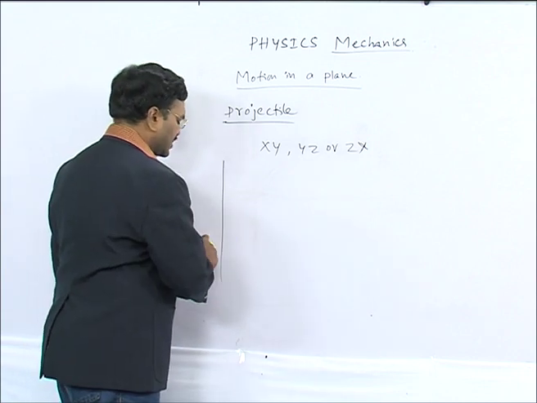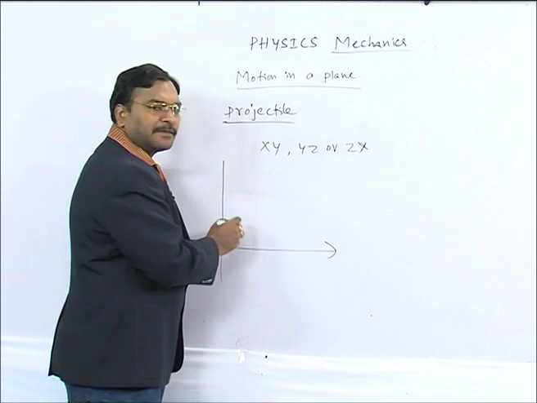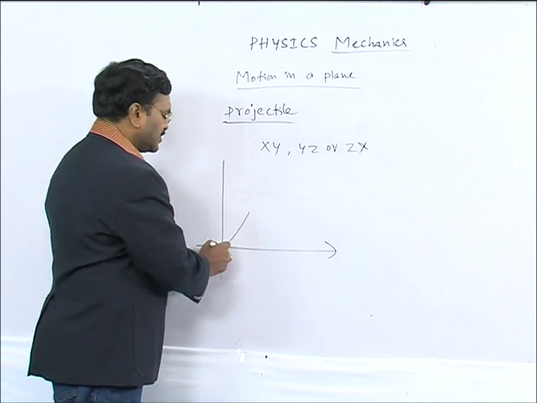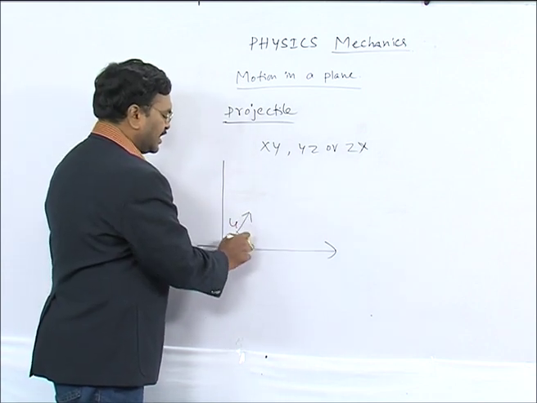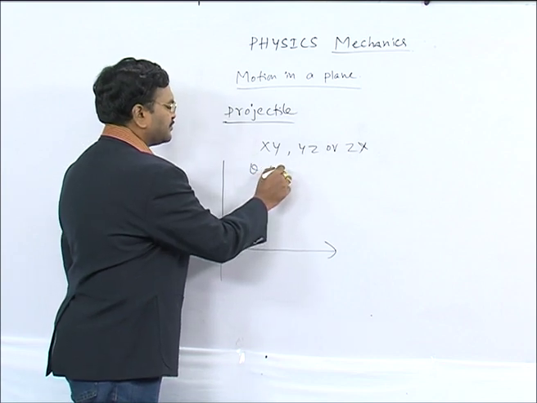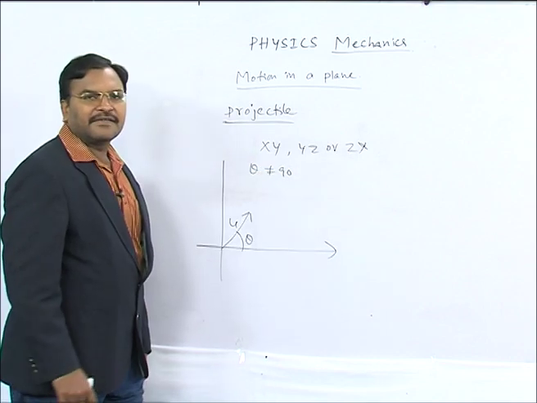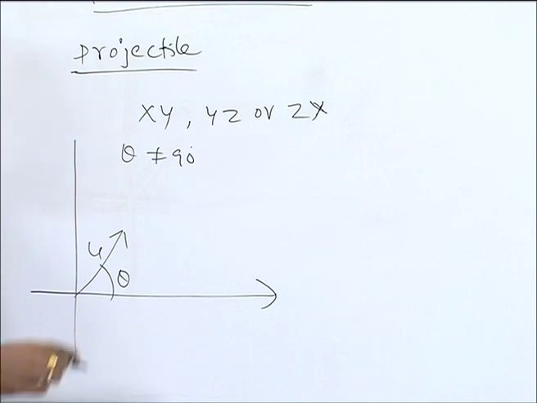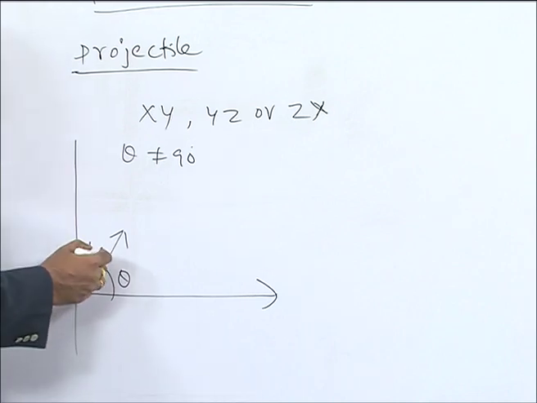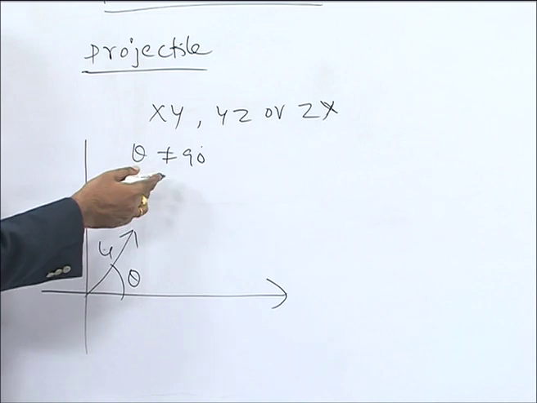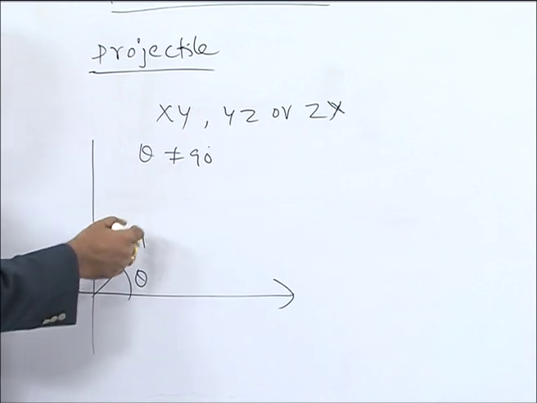Now, what is a projectile? How do we define a projectile? A body projected with some velocity at an angle other than 90 degrees with the horizontal is called a projectile. The body is projected with some velocity u, and the angle of projection is other than 90 degrees.